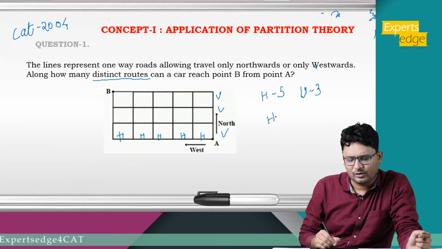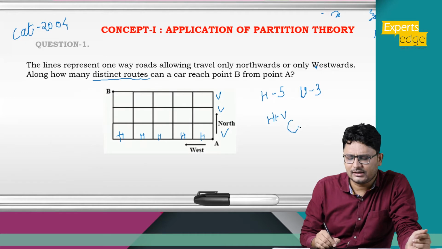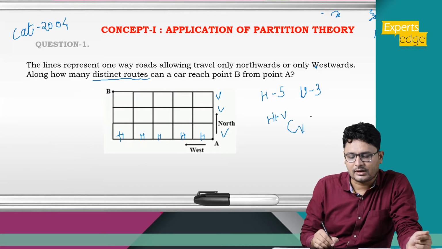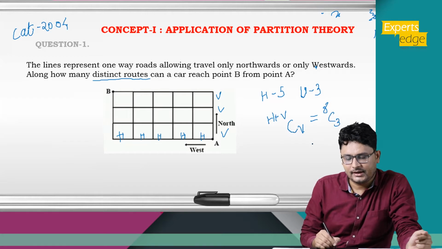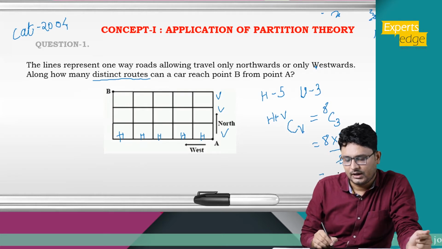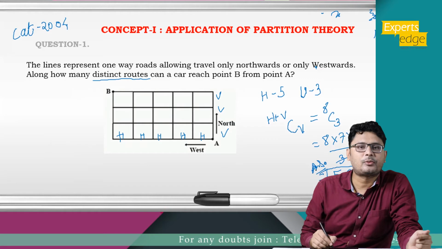You add horizontal and vertical, and obviously in an exam, for calculation, keep the smaller one, so keep the vertical, which is better. So the answer will be 8C3. What is 8C3? 8 into 7 into 6 divided by 3 into 2. 3 2s are 6 and 6 is gone. 8 7s are 56, which should be your answer. I hope this point is clear.